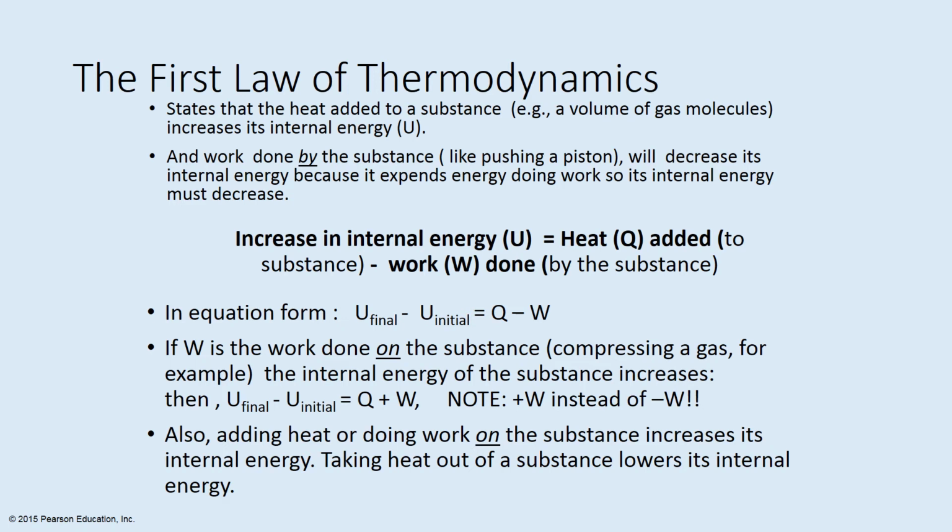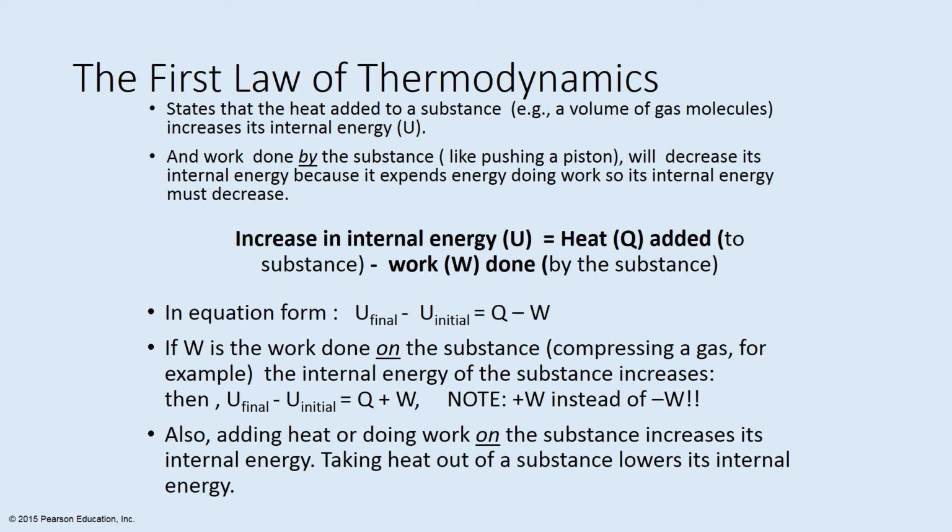Now, the reason why it's given in another form, which is shown in the text, is the change in internal energy, the final minus the initial, is equal to heat minus W, is because W is defined as the work done by the substance. So just as in the previous example, if I allow a compressed gas with a lid on it to move with reduced friction, then work is being done by the substance.